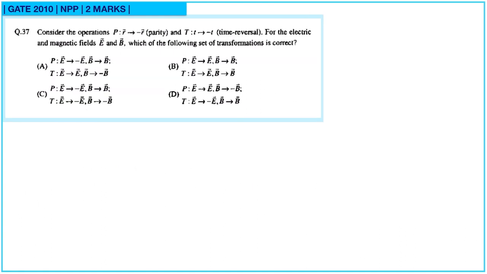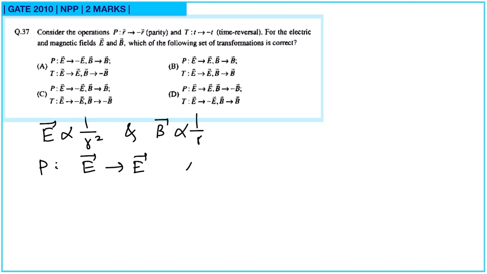Next question. Consider the operations P is parity and T is time reversal. For the electric and magnetic fields E bar and B bar, which of the following sets of transformation is correct? So we have E bar proportional to 1 upon R square and B bar proportional to 1 upon R. So parity will not affect E bar, so E bar will remain E bar and B bar will go to minus B bar.